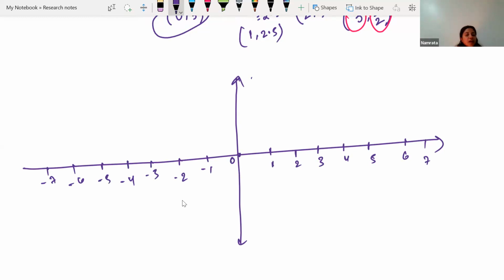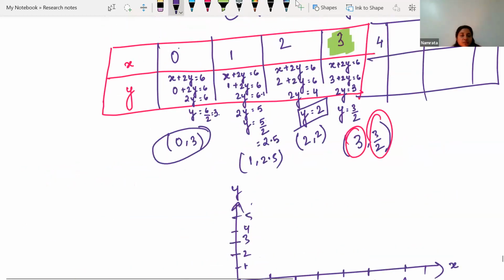On the upside we have 1, 2, 3, 4, 5. On the downside we have minus 1, minus 2, minus 3, minus 4, minus 5. Y-axis, x-axis. Now our points are, the first point we have as 0 comma 3.